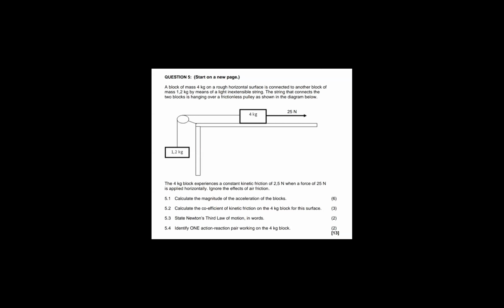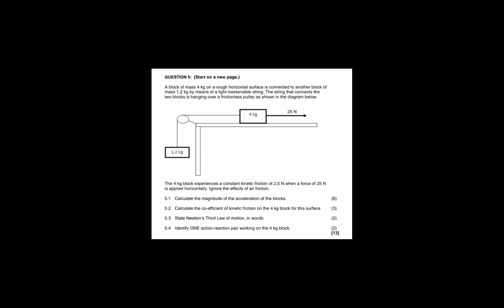The string that connects the two blocks is hanging over a frictionless pulley as shown in the diagram below. So you can see that on 4 kg, 25 newtons is applied. The 4 kg block experiences a constant kinetic friction of 2,5 when a force of 25 newtons is applied horizontally. Calculate the magnitude of acceleration of the blocks.